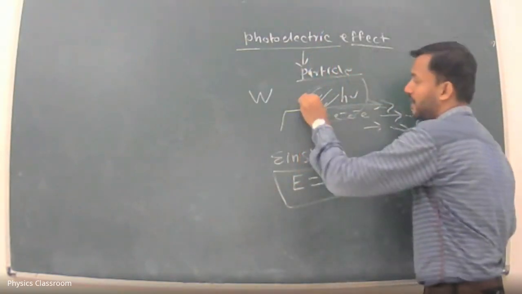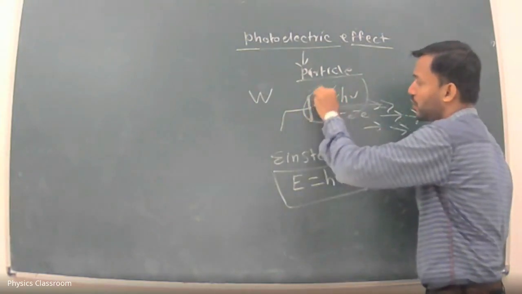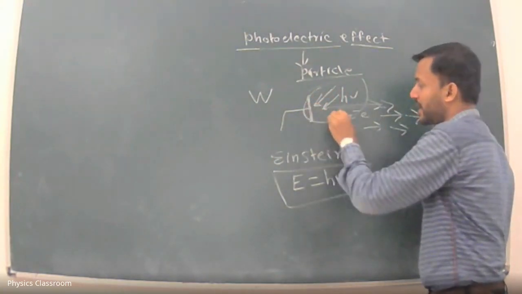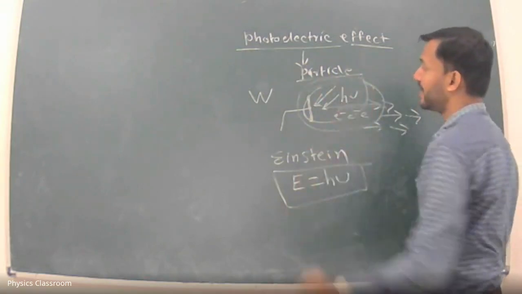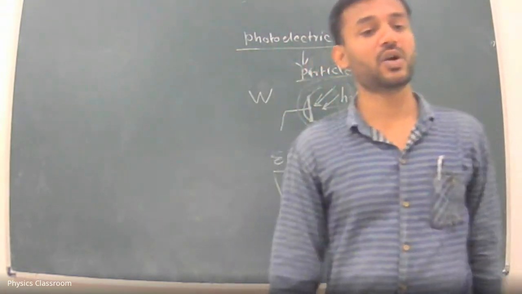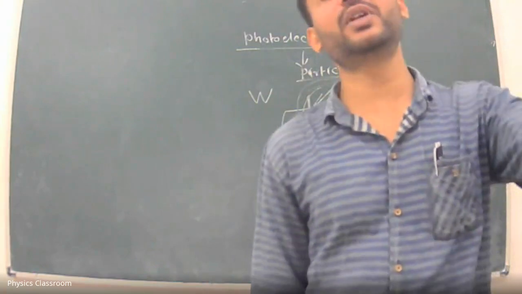So it is the metal surface, the photon h nu means light, and these are the electron emission. All of this we call the photoelectric effect.